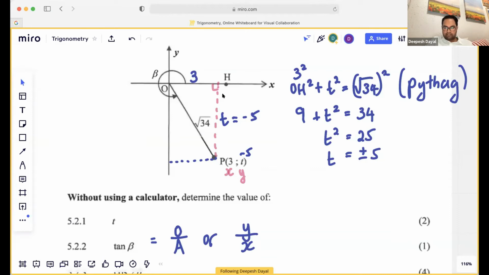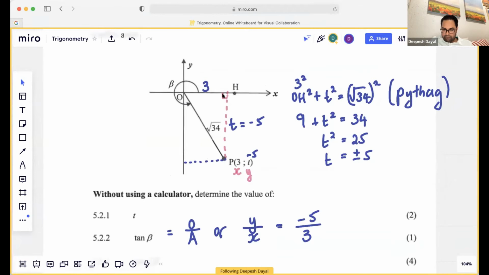Who's going to give me the first answer? What is your y? Your y is -5 and your x is 3. Yes, thank you, Itumeleng. So tan beta is -5 over 3.